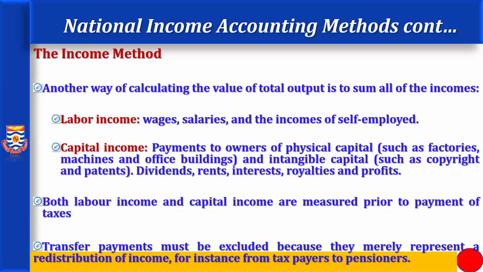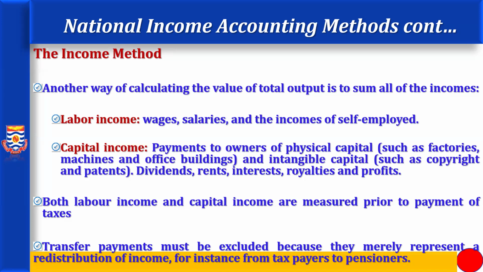When we produce goods and services and sell them, the money that you get, one part of it will go to labor. Labor means the people who, like all of us, all workers in Ghana, are actually laborers. We are part of the labor force.